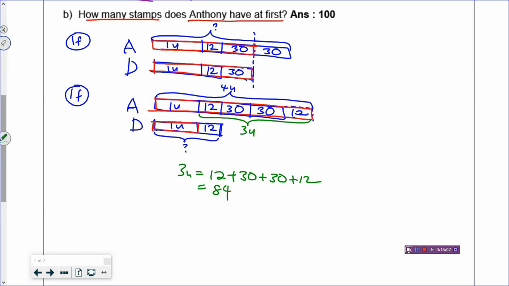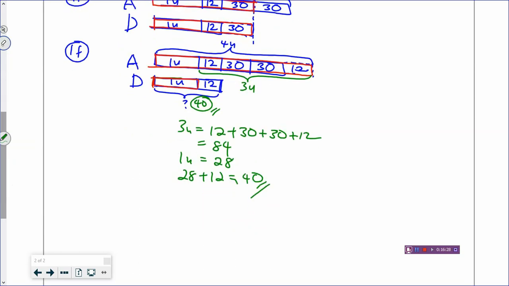And then your 1 unit will be 84 divided by 3. So you get 28. So can you find Donald has how many at first? So Donald has 1 unit plus 12. So Donald has 40 at first. Okay, you got your part A answer.